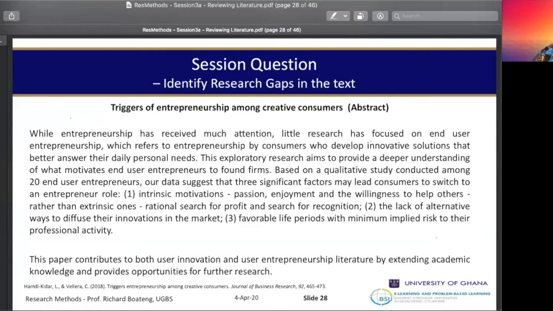Let me just give a very common example that you may not know of. You know the mountain bike. Most of you have heard about mountain bikes, which are used for riding in mountainous areas. It has a lot of gears on it. Now, the mountain bike actually was formulated out of user entrepreneurship.